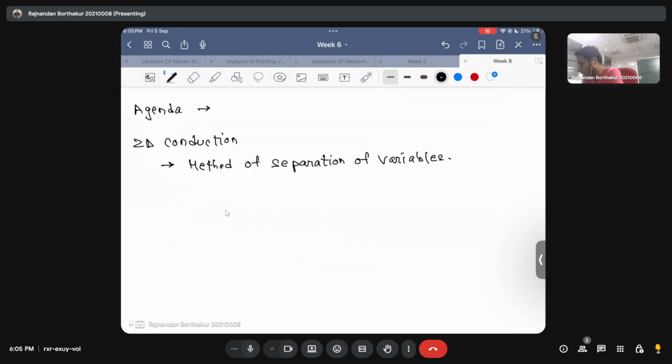I hope you have learned the basic aspects of separation of variables from the lecture series, in which there was a detailed discussion on how to apply this method for solving certain kinds of 2D heat transfer problems, where we will see very shortly what the governing equation should be and how the boundary conditions should look in order to use the method of separation of variables.